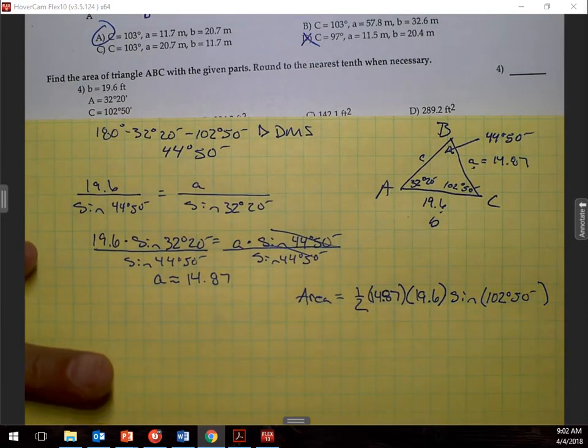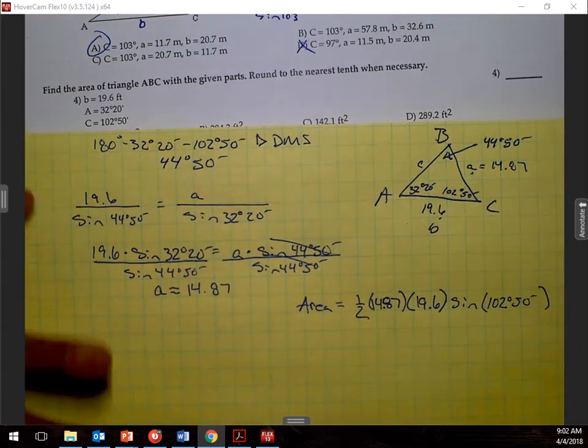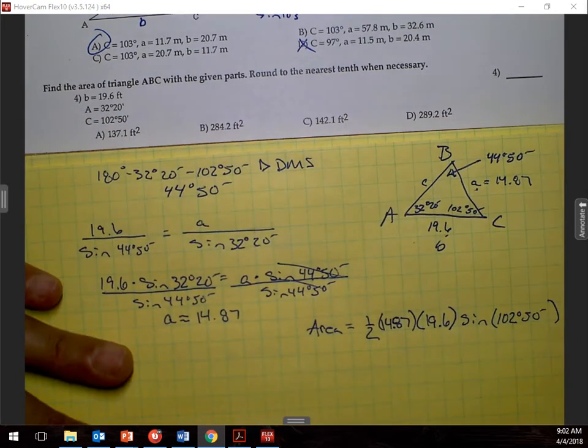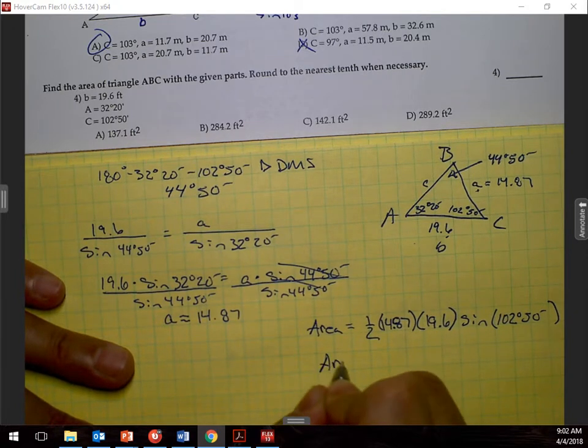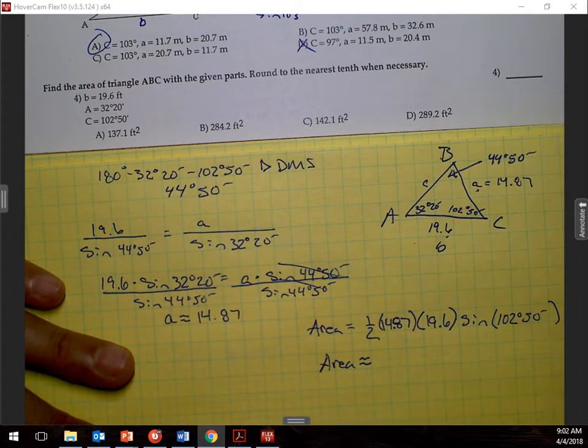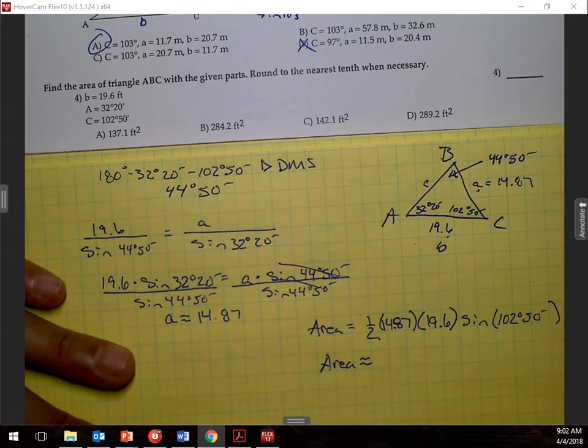So you plug that all in your handy calculator.